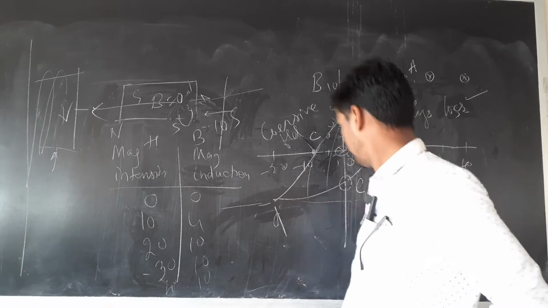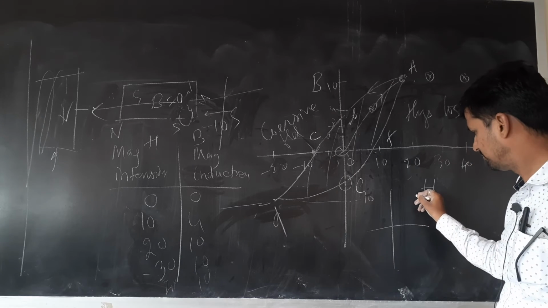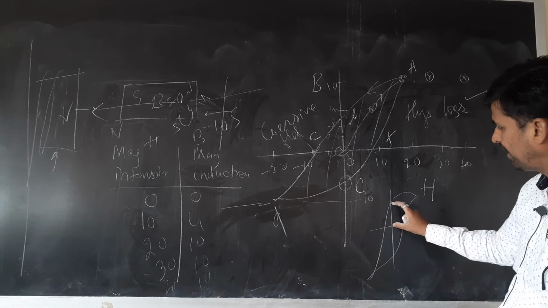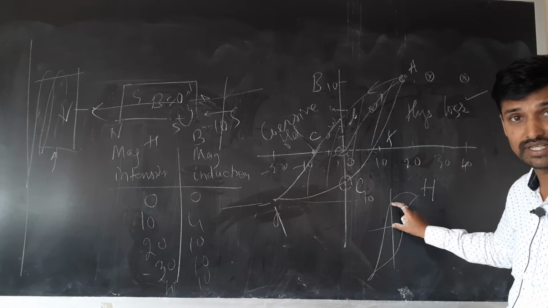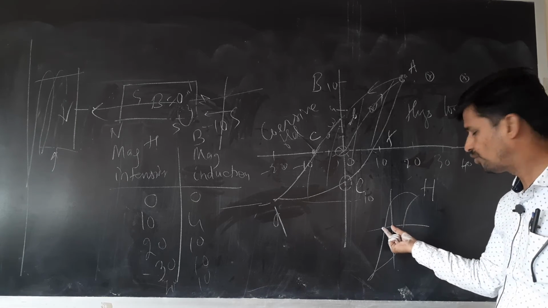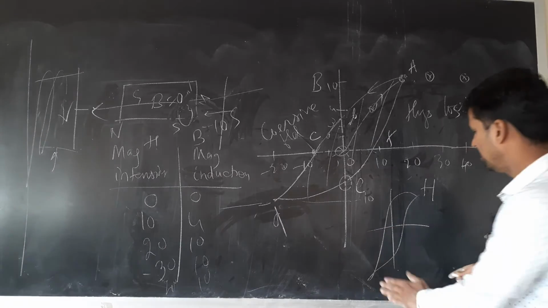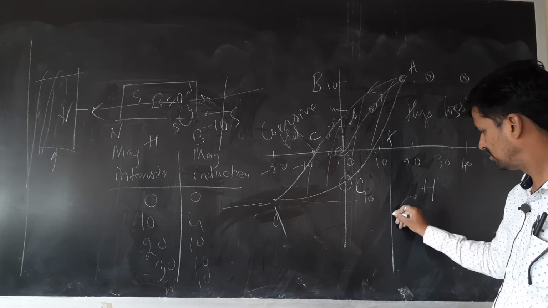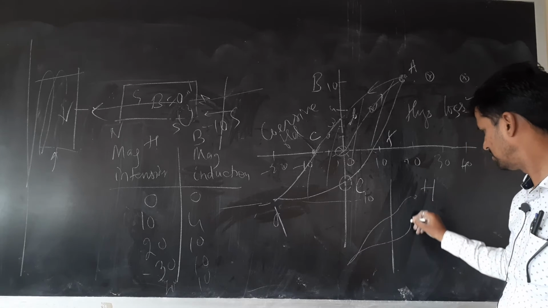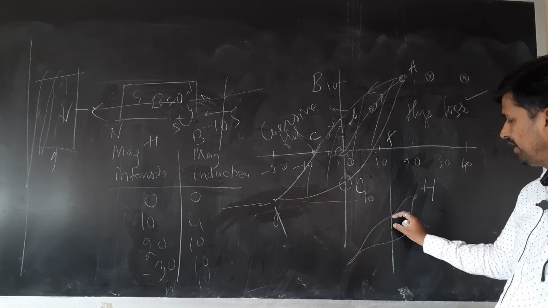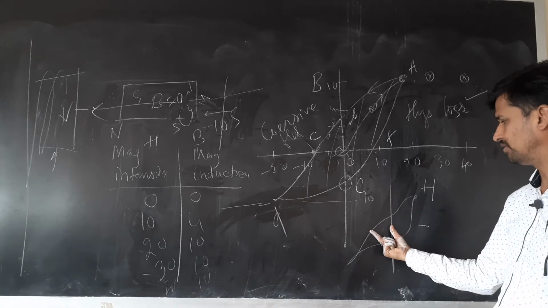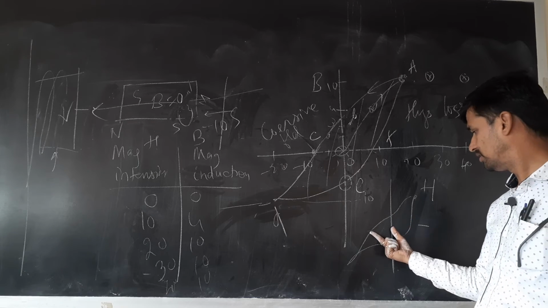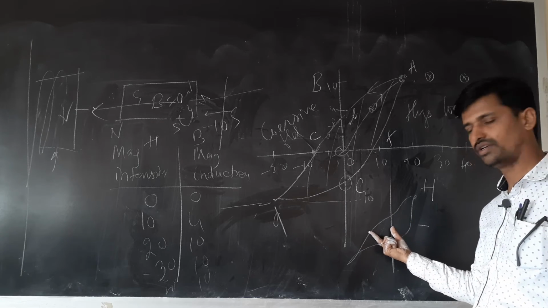Now, children, if you take this kind of graph, it is having high retentivity, meaning more magnetism is there, and low coercivity. Okay. If you take low retentivity and high coercivity, less magnetic field will remain, but more magnetic field is required to demagnetize it.